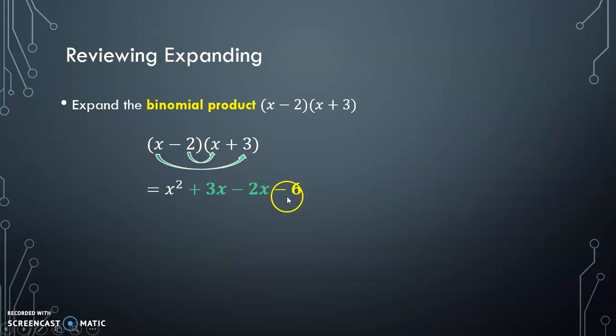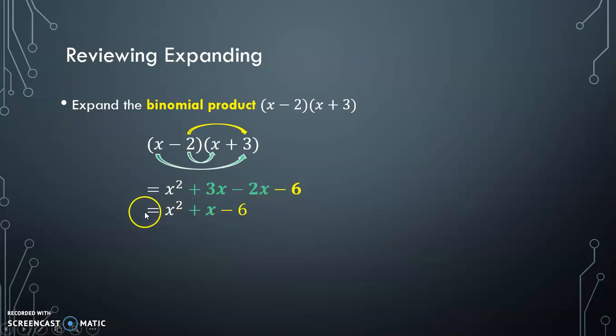And then the constant term is provided by negative 2 times 3. So the two numbers in the binomials multiply together. Then we collect like terms so as to simplify. We'll have x squared plus x minus 6. That's the expanded result.